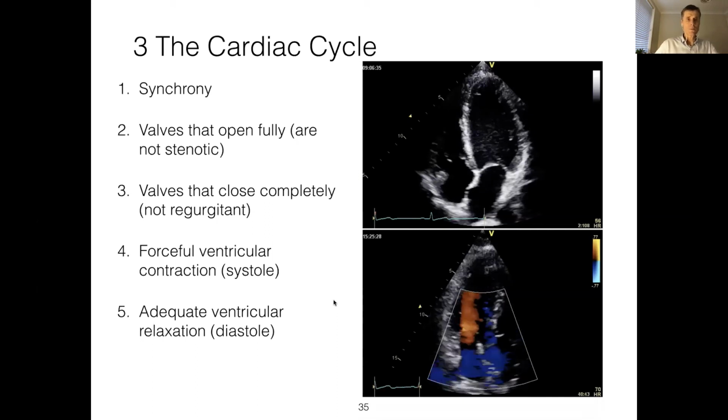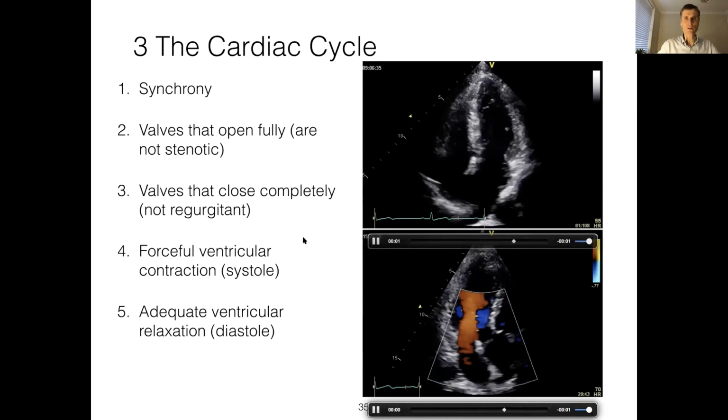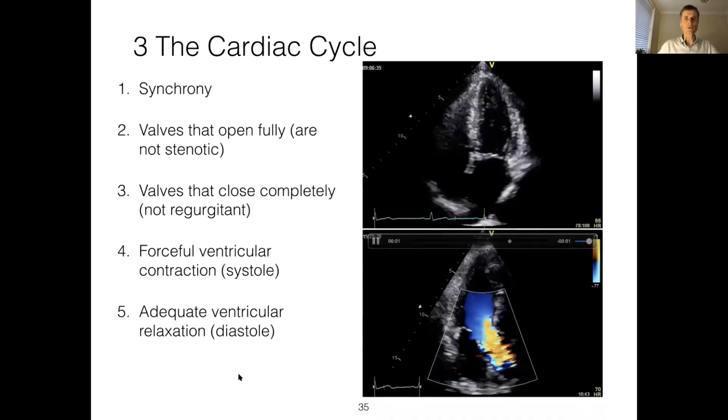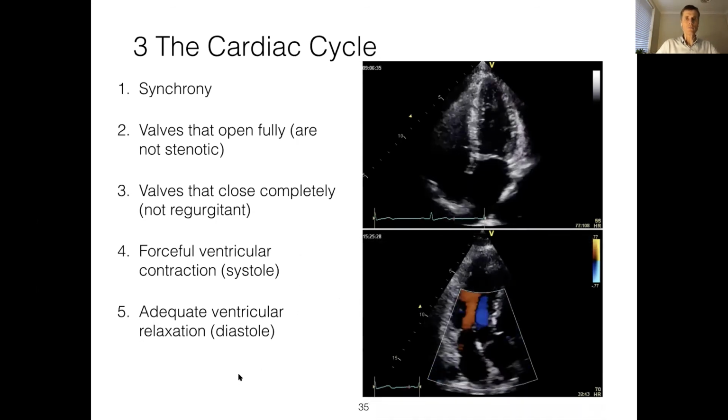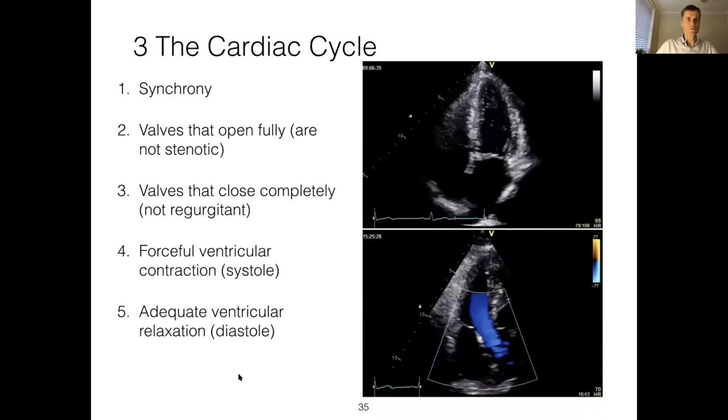And of course, for normal heart function, the motion, especially of the ventricles, needs to be forceful. So if we look at the top image again, you want to see the ventricles both moving inwards and thickening.